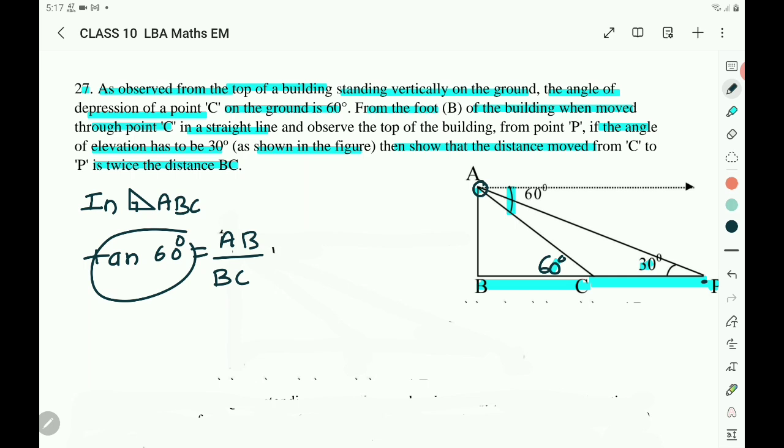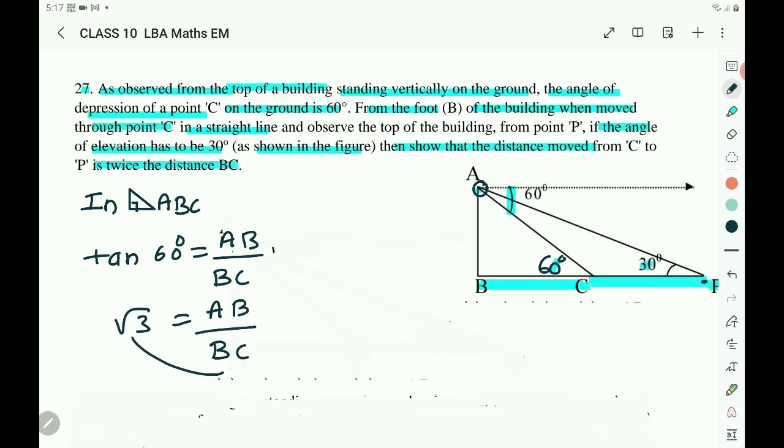Tan 60 is root 3, equals AB by BC. Then transfer this BC to the LHS: root 3 BC is equal to AB.